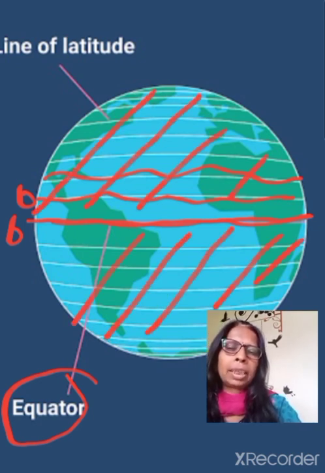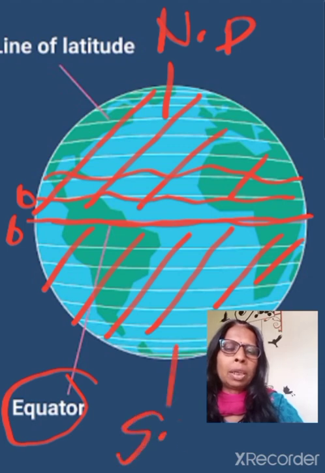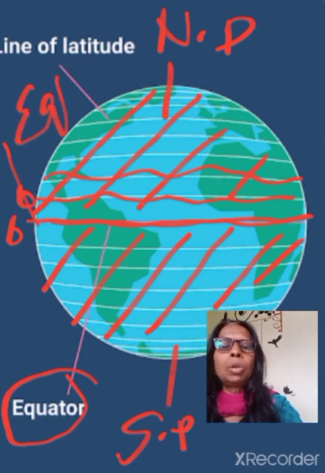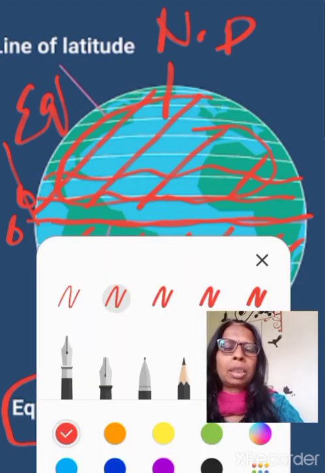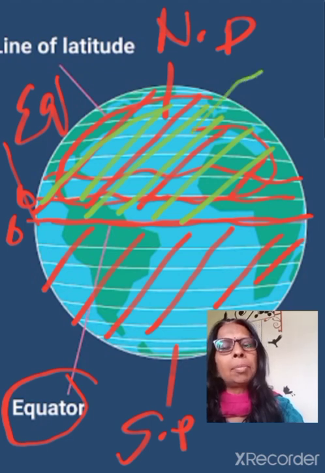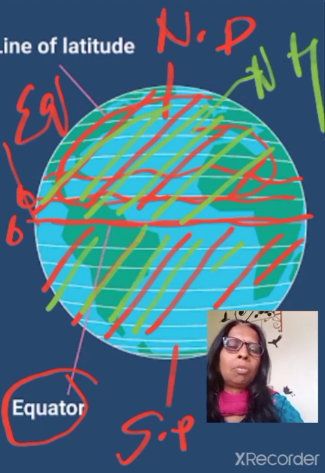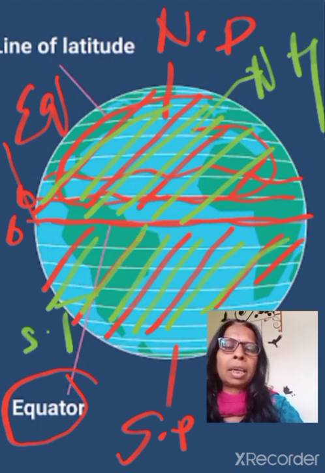To the north of the equator, this particular region is called the northern hemisphere. And the regions to the south of the equator, we call the southern hemisphere.